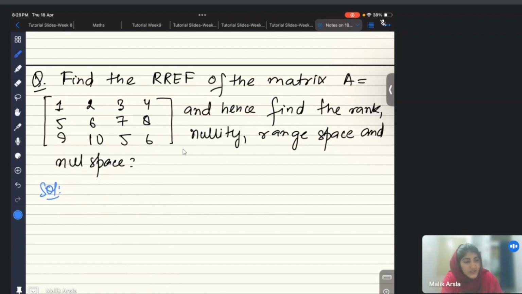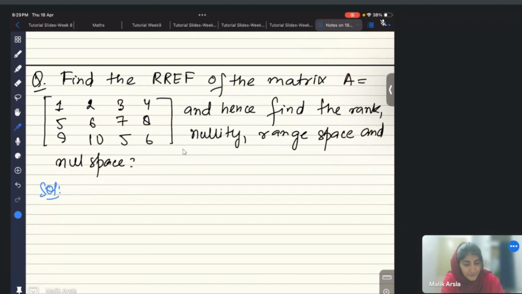So in this case, in the first column I would want to make 5 and 9 as 0. First we focus on this entry which is already 1, so we leave it as it is.